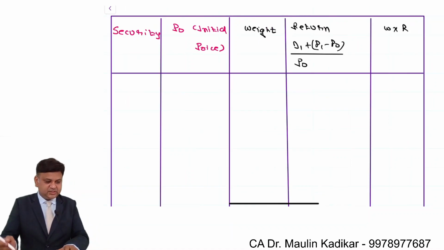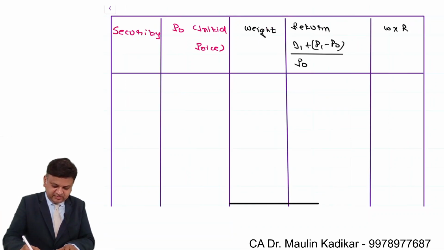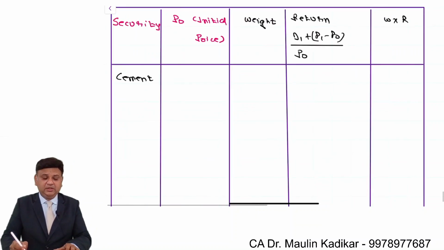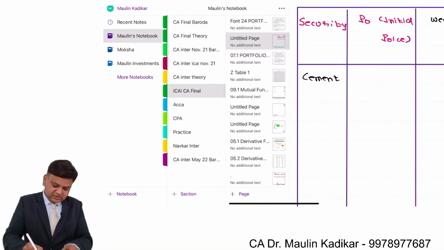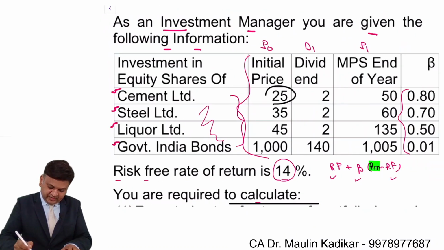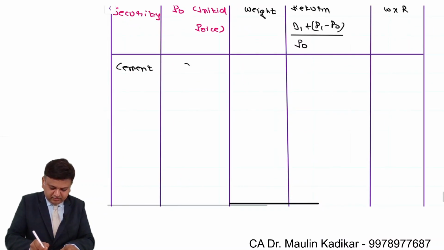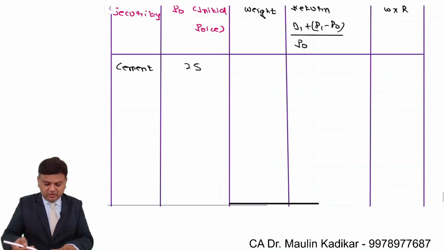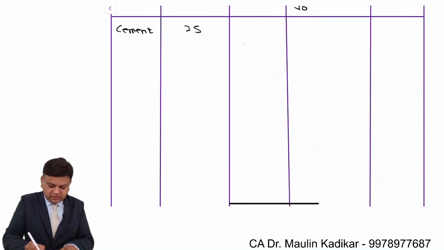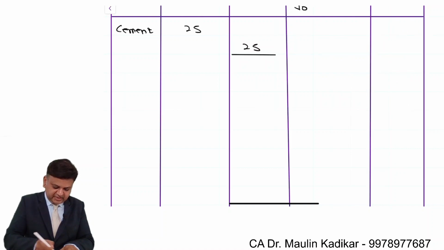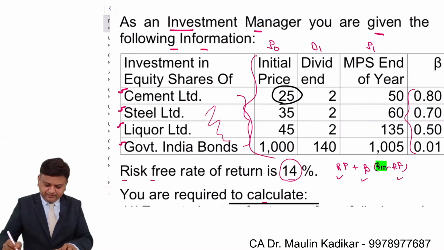So friends, over here the security is provided to us like cement. The price at the beginning of the period is provided to us as 25. Weight we will write later on. So this 25 divided by, we can write it at this time only.